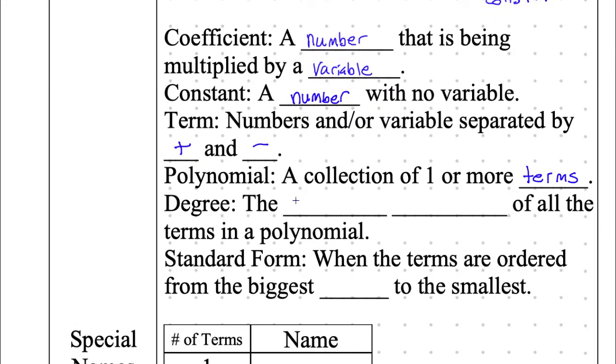All right, degree. This is probably the most important part of today's lesson, is how to figure out the degree. So this is the highest exponent or power. I'm going to use the word power. I guess exponent might be more correct, but the highest power of all of the terms in a polynomial.